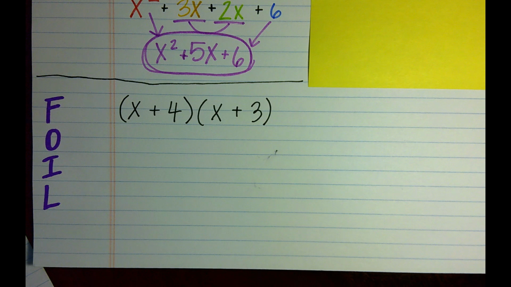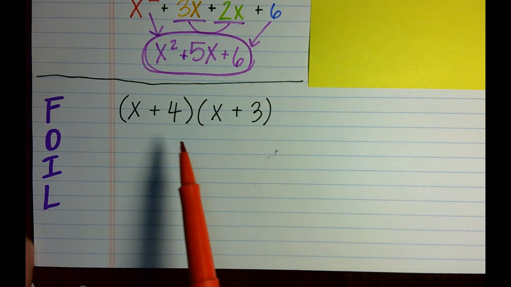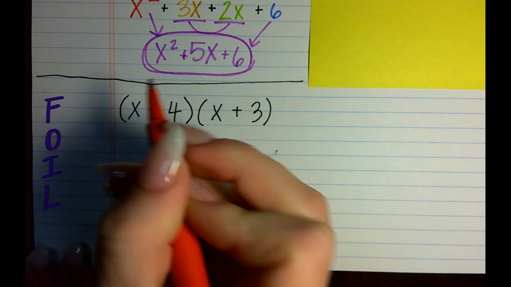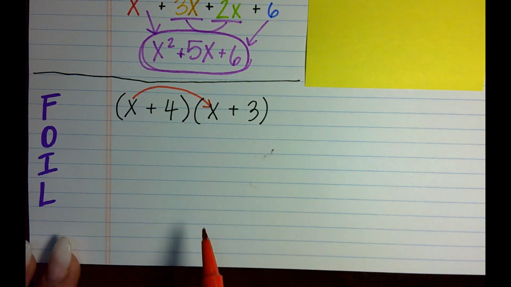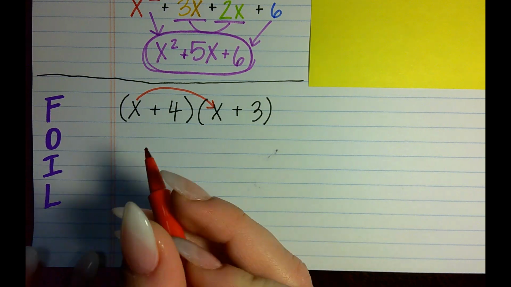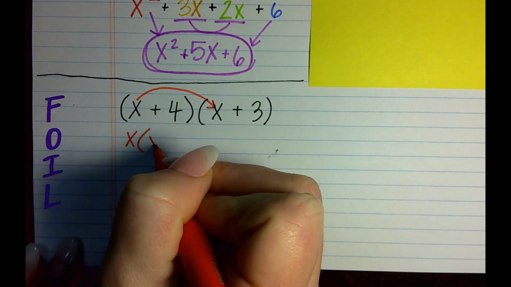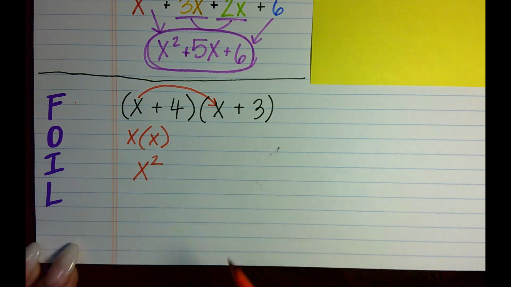Let's start with our first terms. What are the first terms of both of these parenthesis sets? X and x. Good. So I'm doing x times x first, which gives me what? X to the second power.